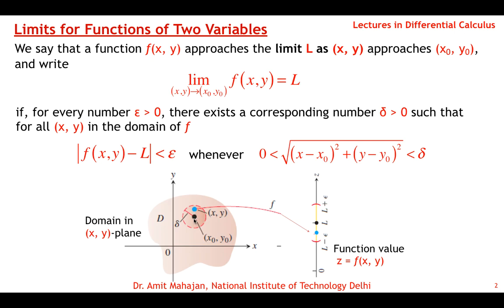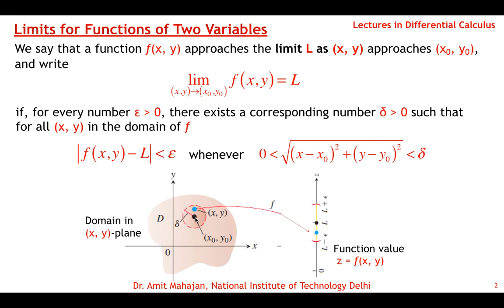In one variable, if you remember, there is only left and right hand limit. But now the domain is the xy plane, and for any point (x naught, y naught) in that domain, the neighborhood points can be in any direction, not just left and right, but any direction in the xy plane. So the neighborhood here is not an interval, but a disk.